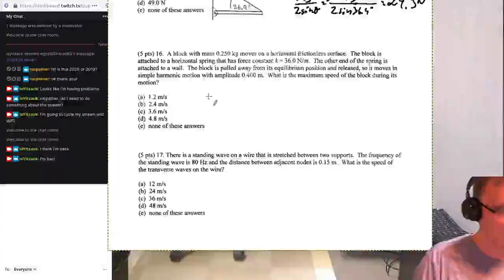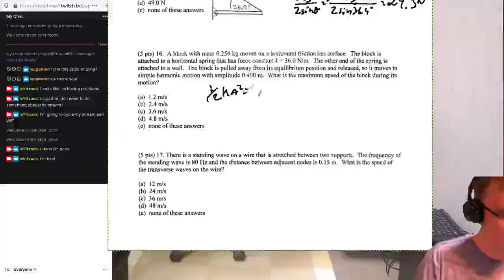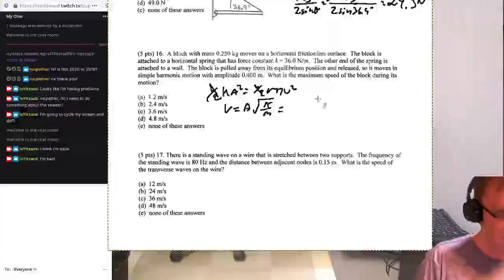All right. So we have 1/2 k a squared is equal to 1/2 m v squared. Halves cancel. And we're looking for velocity. v is equal to a times the square root of k on m.